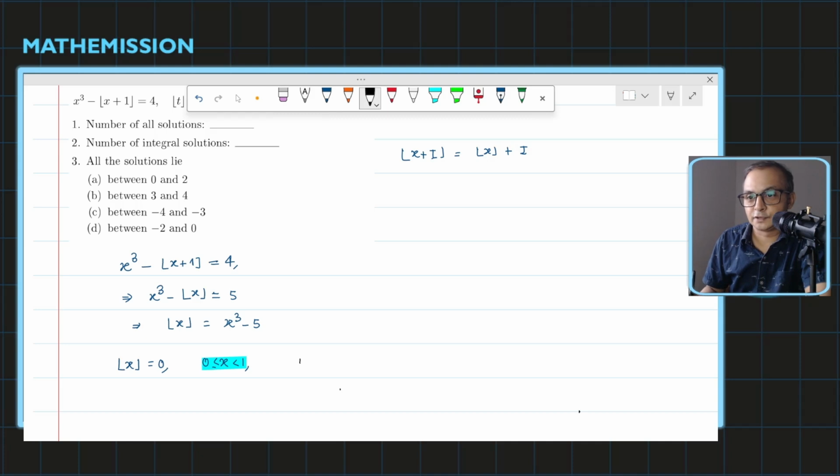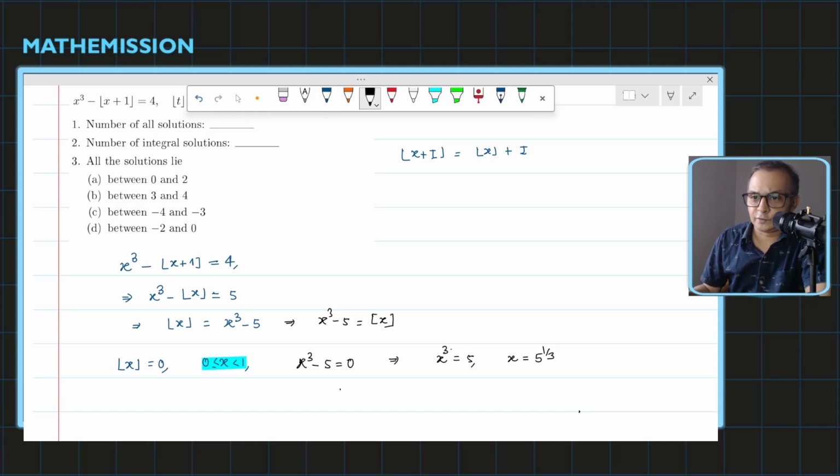So I'll get x cubed minus 5 is equal to 0, and that will give x cubed is equal to 5, and so x is equal to 5 to the power 1 by 3.